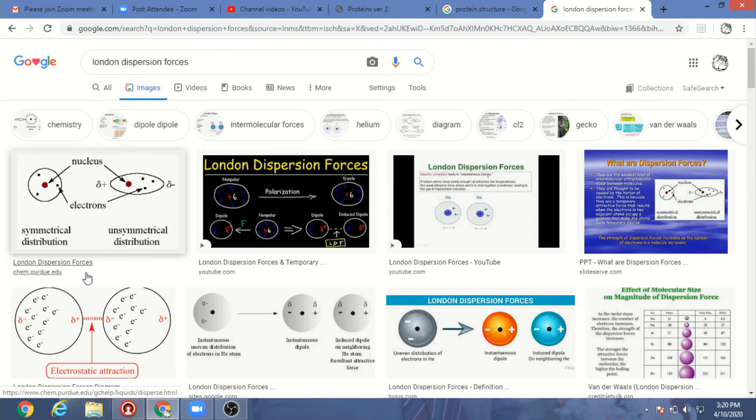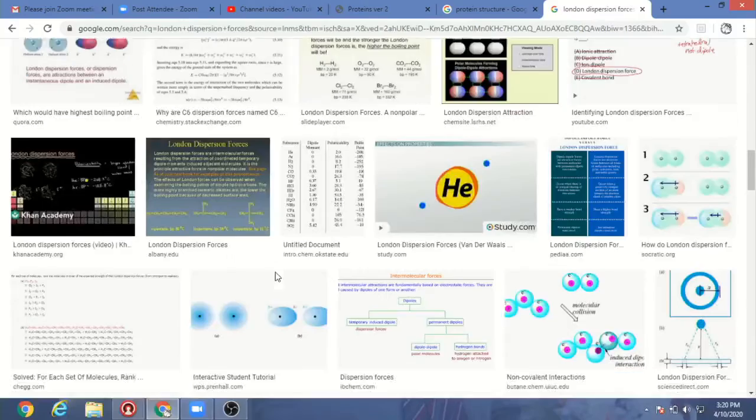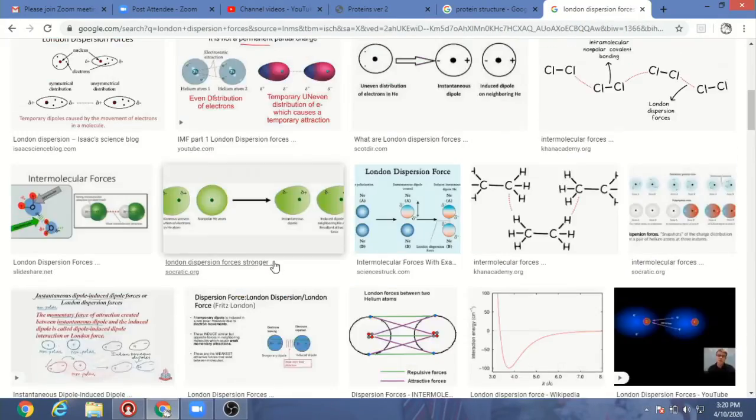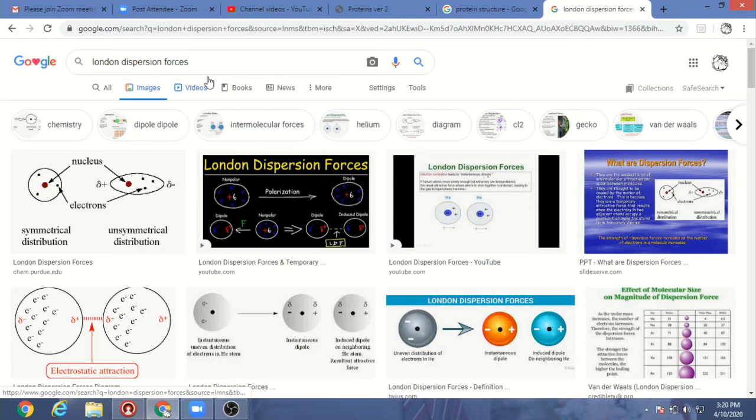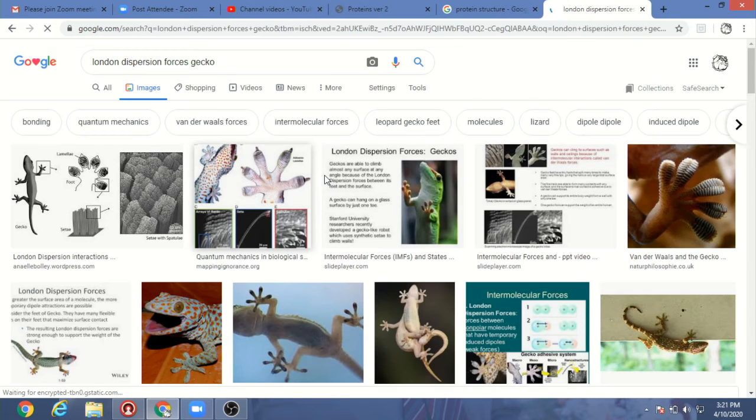But what I wanted to find was the gecko example. The way geckos stick to surfaces with their feet is because they have these van der Waals forces, which are essentially London dispersion forces. Basically the feet of the gecko have so much surface area.